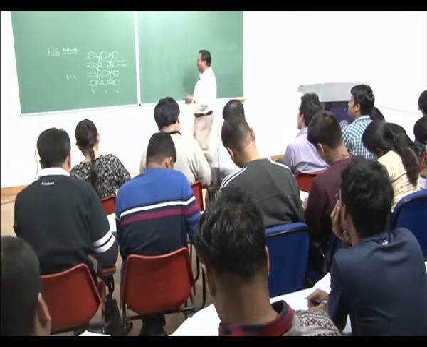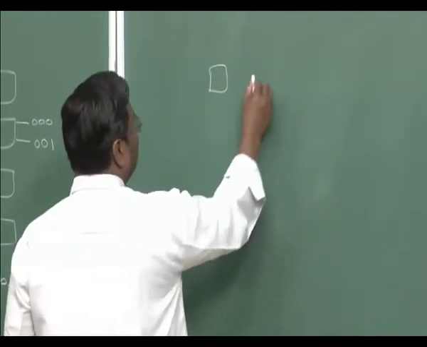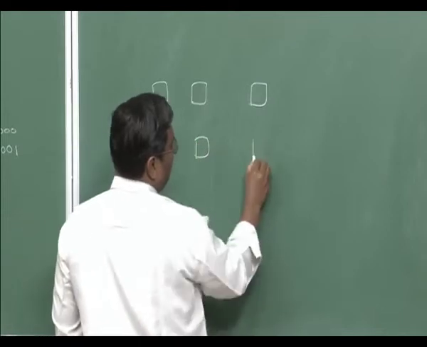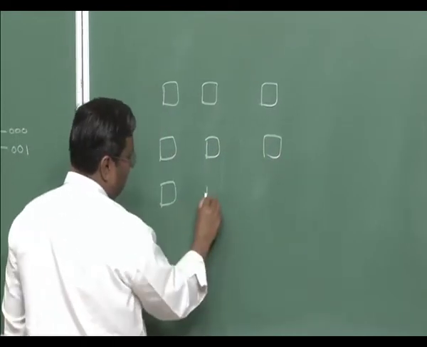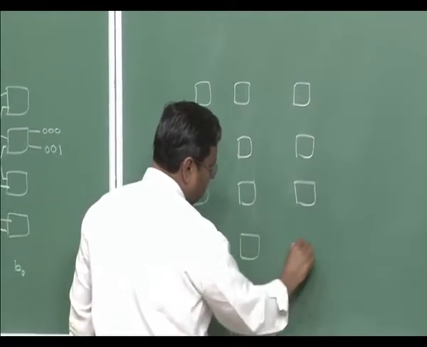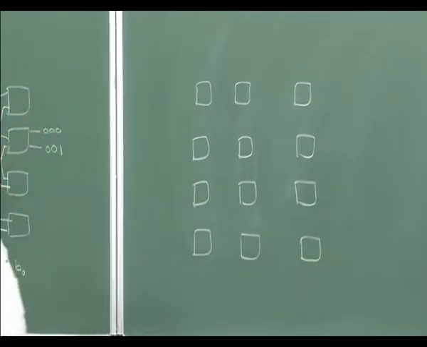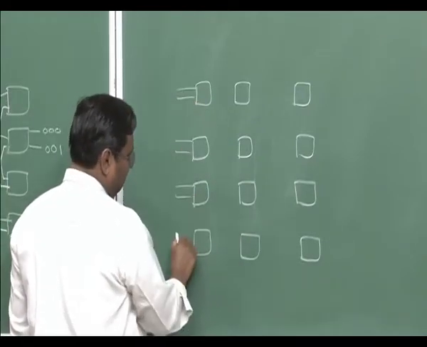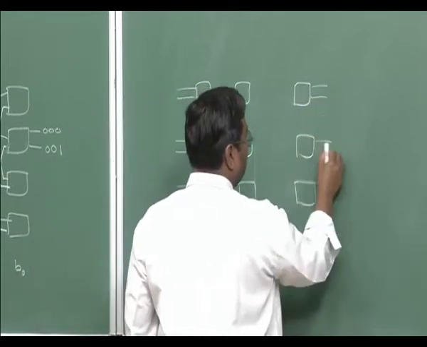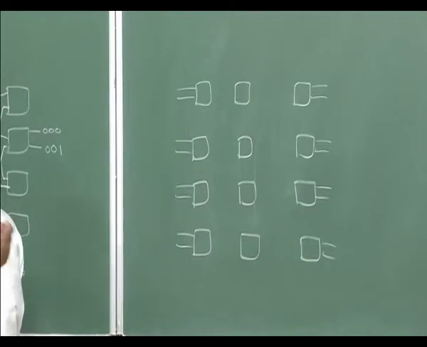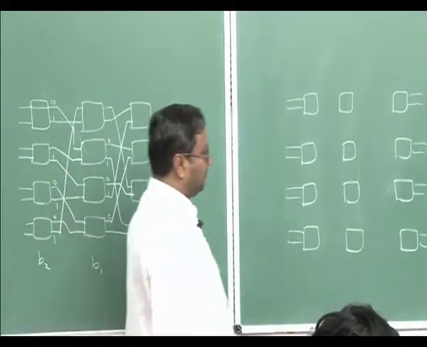Okay. So, another one, 8 by 8. I think this I had done earlier, but let me do it again. I will give a general proof for a shuffle network, a generalized shuffle I will be talking about, not for this one.